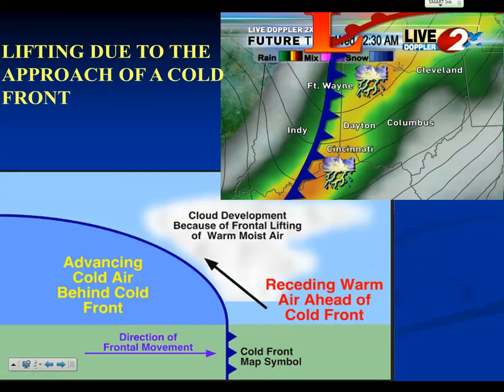Second, we see an approach of a cold front, and we can see the top view of the cold front here. We'll learn more about fronts next week, but you can see these little shark's teeth, as I like to call them. That's the biting cold front, and it's moving this way. But that's the top view, and you really don't see what it's doing to the air until you look at the side view.